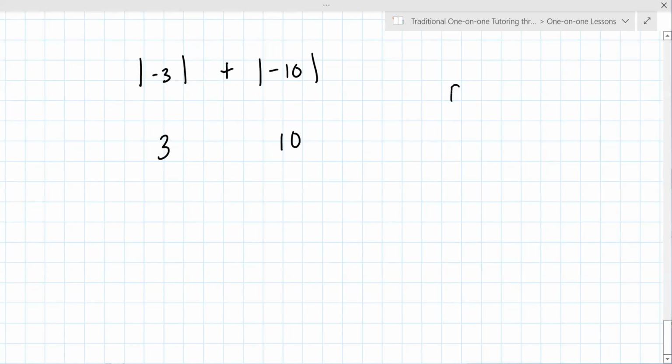Addition. Now, order of operations: absolute value is more like parentheses. Think of absolute value as parentheses. So which do you do first, addition or absolute value? Absolute value. So you do each of these first, and then you bring down the operator.